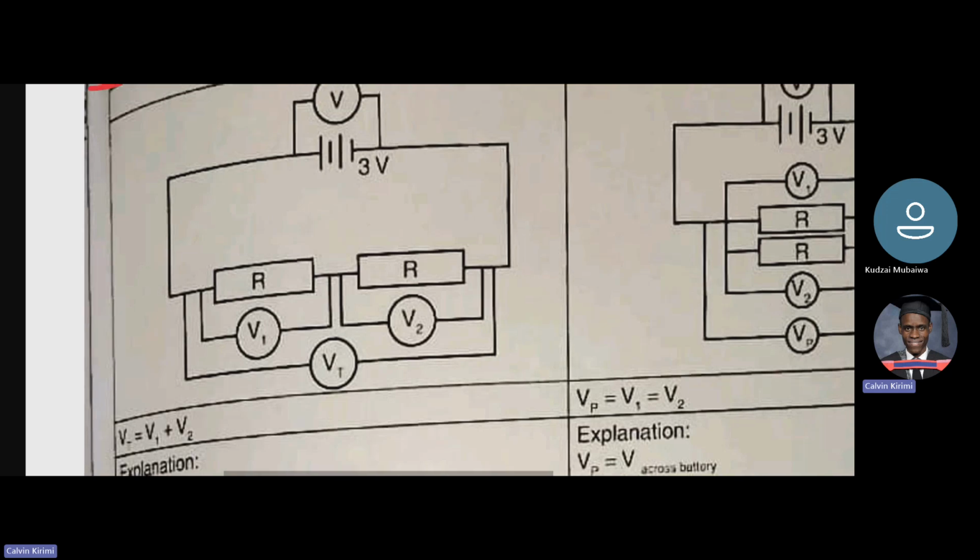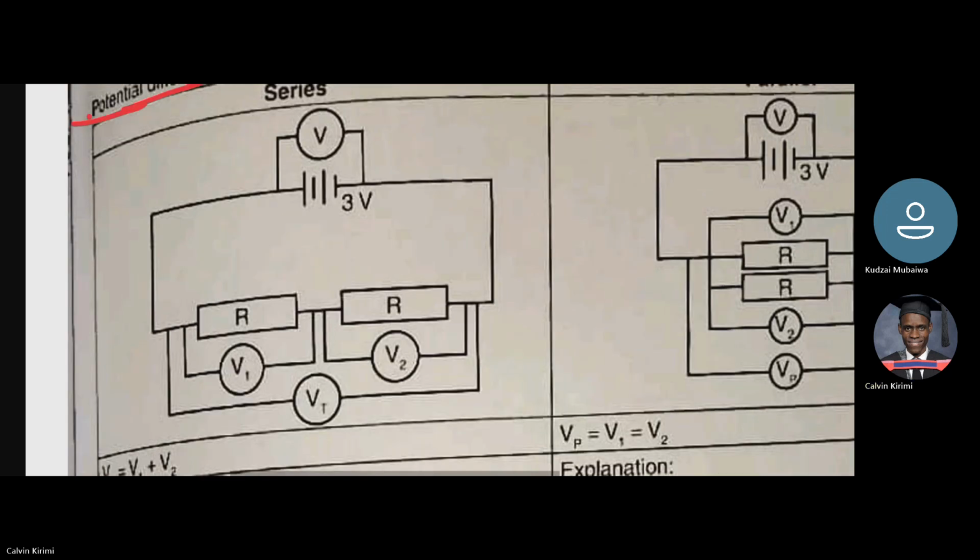If you can explain to me. The voltage across each resistor. Yes. So V1 is the voltmeter at the first resistor, V2 is measuring voltage at the second resistor. And then that VT is measuring the VT. What is that VT? The overall voltage.